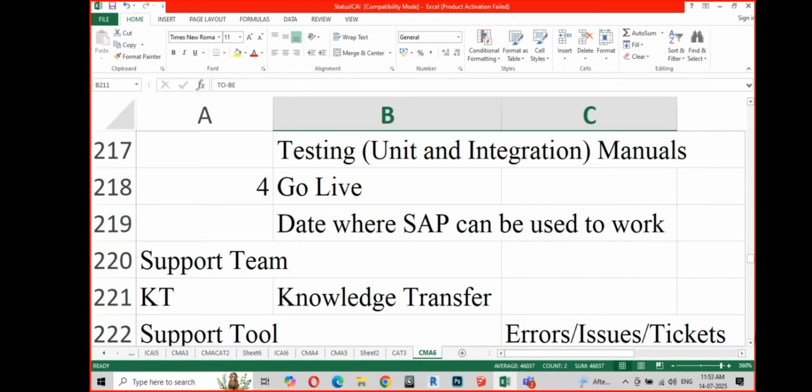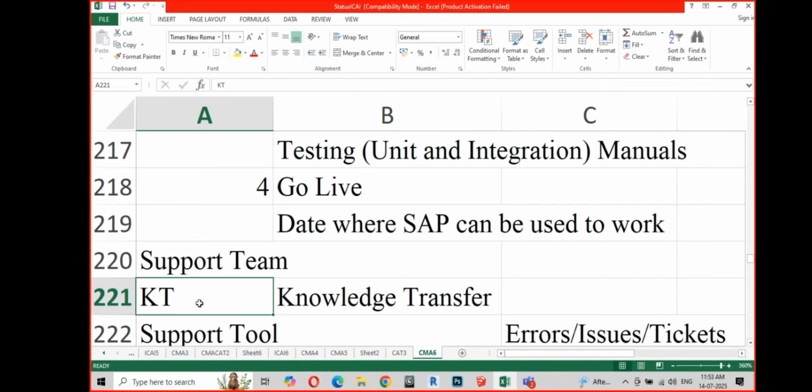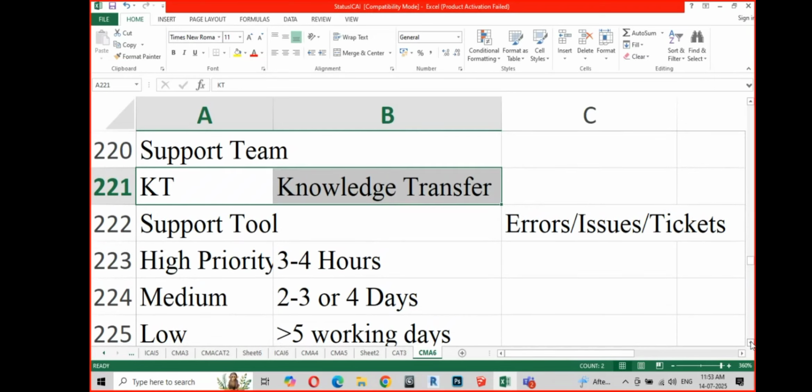So we as senior consultants deliver whatever we have done in the SAP system to our support consultants. This activity is called knowledge transfer. Now, after implementing SAP, probably the users will start getting some errors due to something.